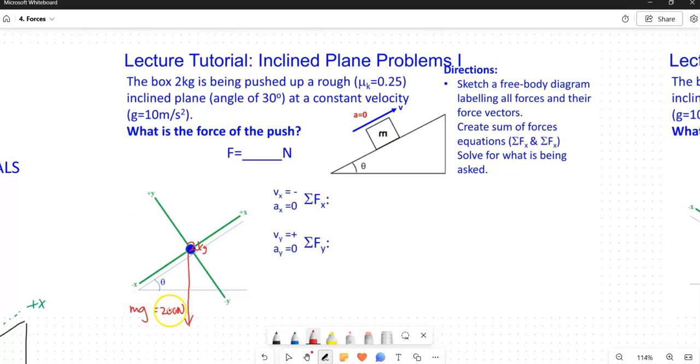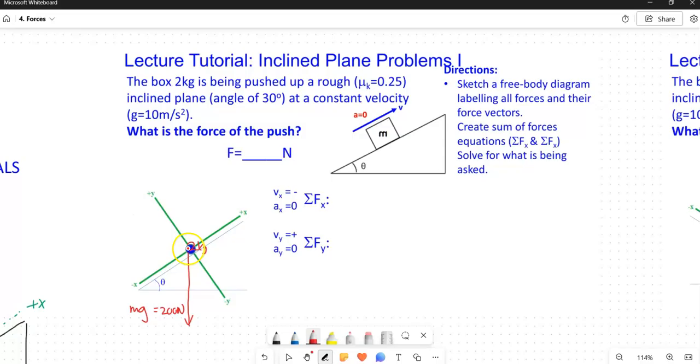Notice I did not label that negative or positive, because this vector is not aligned to our coordinate system, so we don't know if it's positive or negative. Once we align the components of this vector to our coordinate system, then we can label it positive and negative.